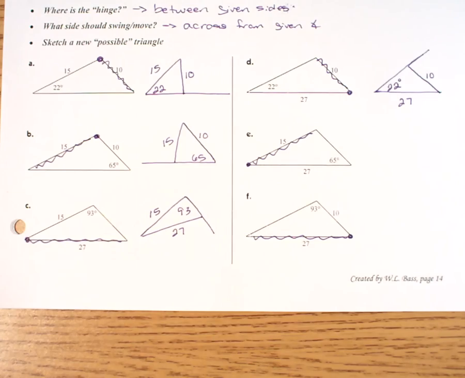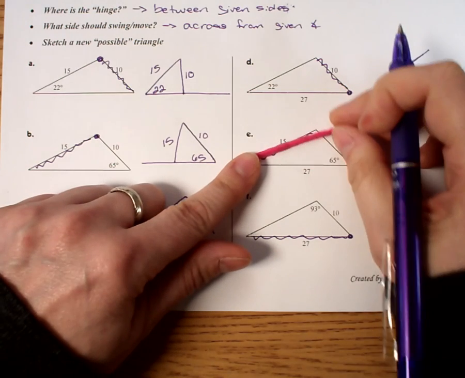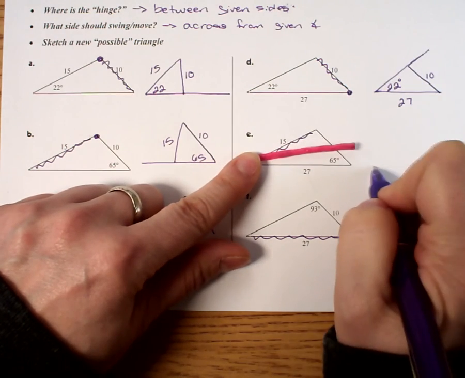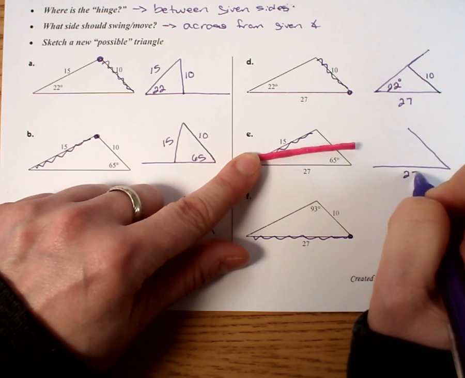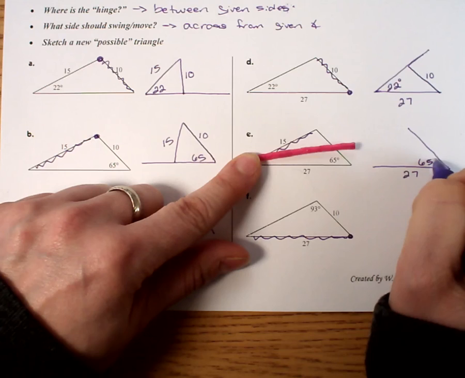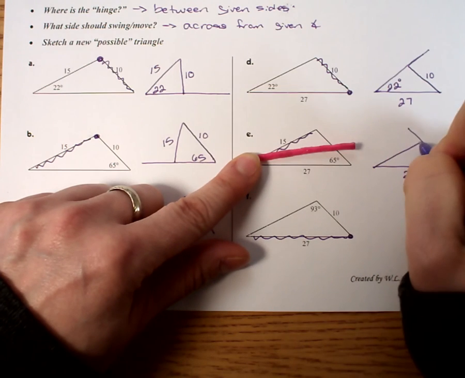Keep going. I'm going to move that to the inside, keep the 27, keep the 65, and drop in the wiki stick.